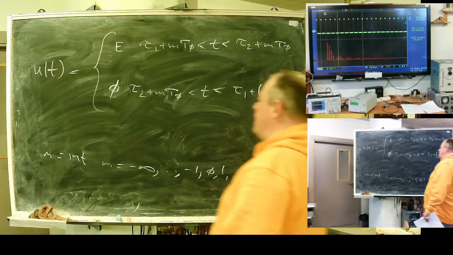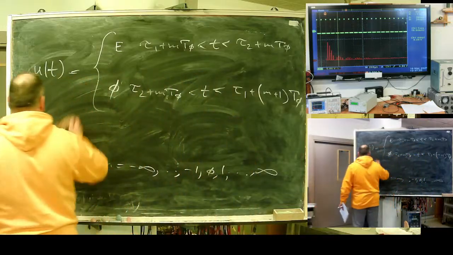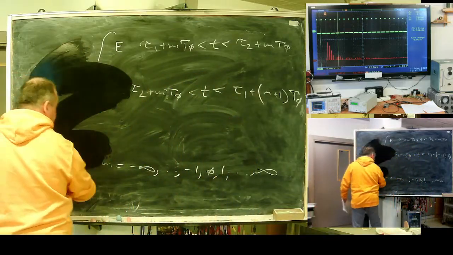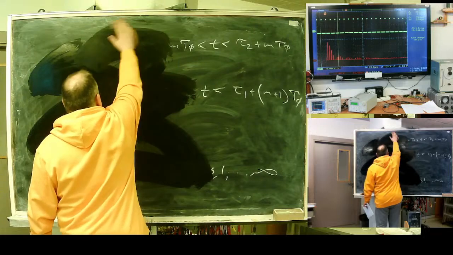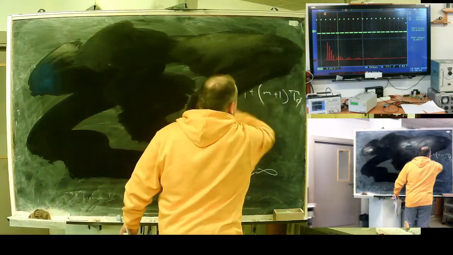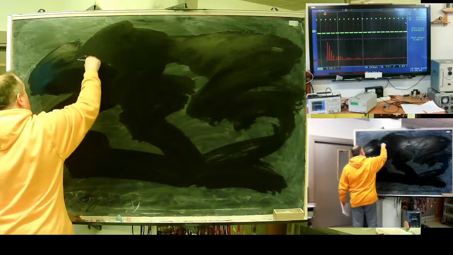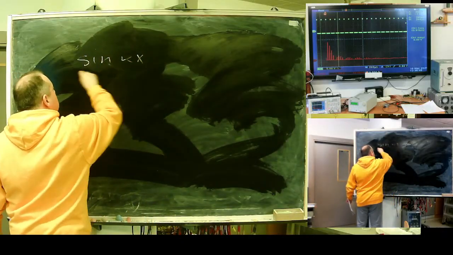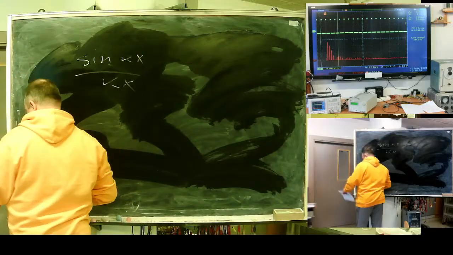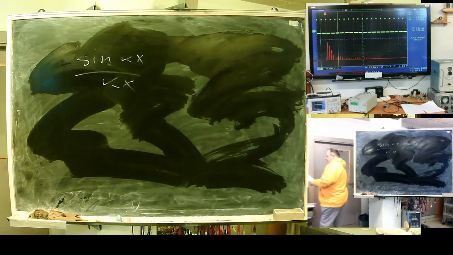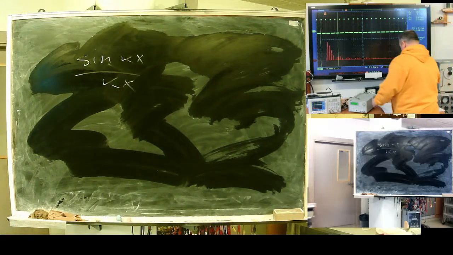Much easier is to use a system of functions sine kx divided by kx. Such a system of functions works better.